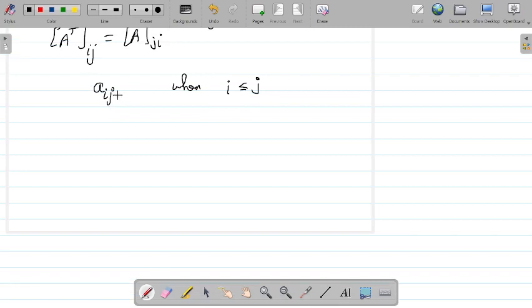So for counting this, I know where i and j are coming from: i and j are numbers from 1, 2, 3, 4 and so on up to n. So i comma j can be any numbers between 1 and n, right? Now I'll go case by case.